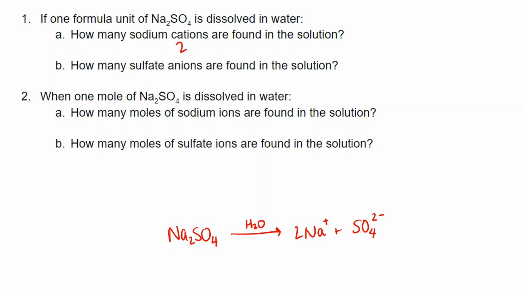So we get 2 sodium cations and 1 sulfate anion. So if we were to dissolve a mole, we would get 2 moles of sodium for every 1 mole of sulfate.